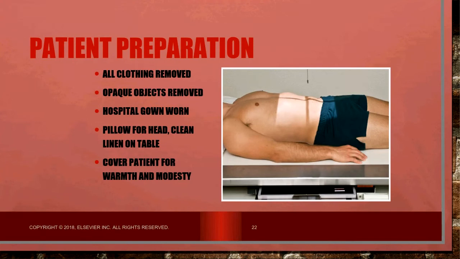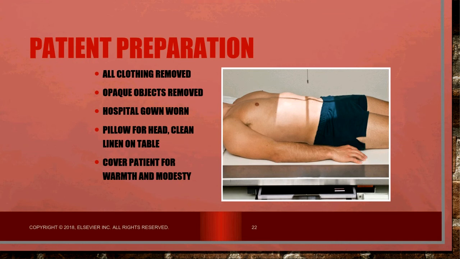Anything that covers the body from the diaphragm to the pubic bone ideally should be removed. That would usually include shirts, bras, shorts, jeans, anything with any kind of radiopaque objects. So anything with metal, snaps, buttons, zippers would have to be removed, and that includes underwear. If the patient has any radiopaque objects on their underwear, they would need to remove them.